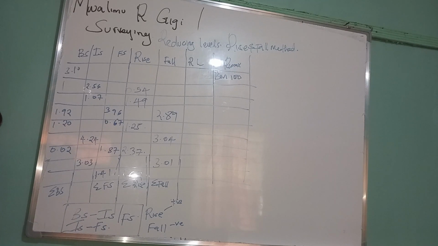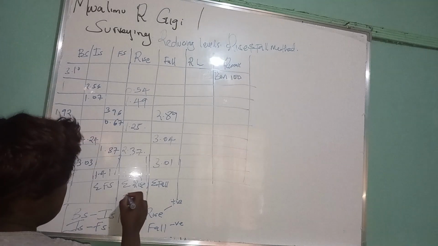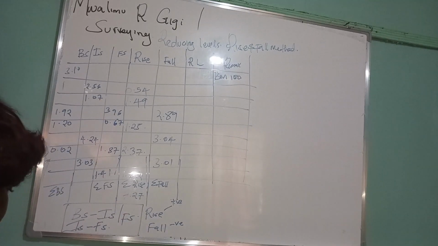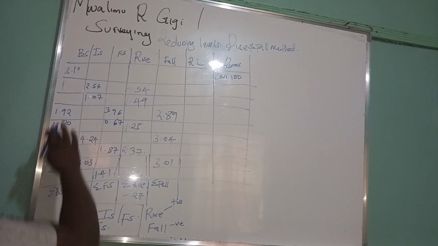So 0.54 plus 1.49 plus 1.25 plus 2.37 plus 1.62. So it is 7.27.